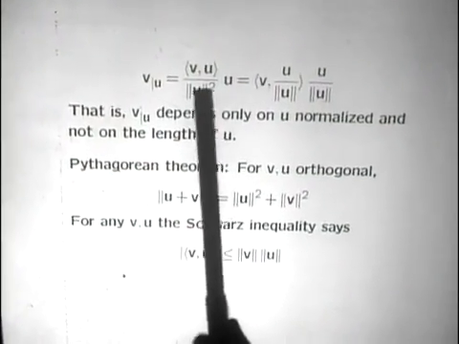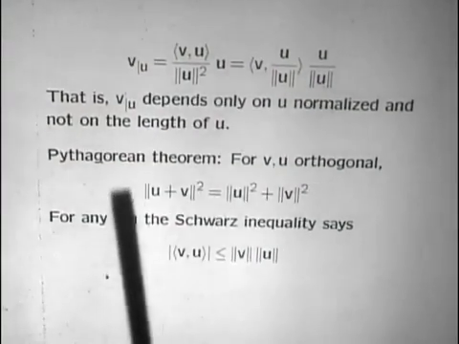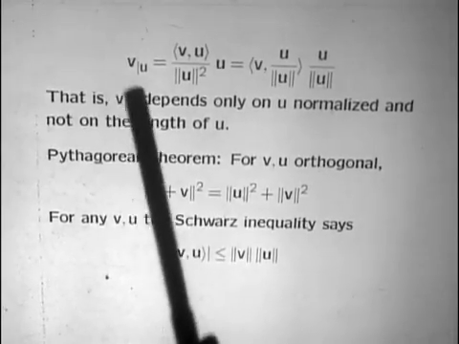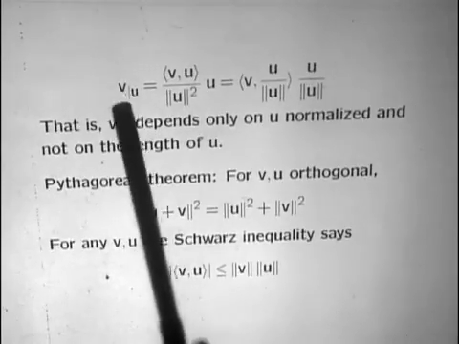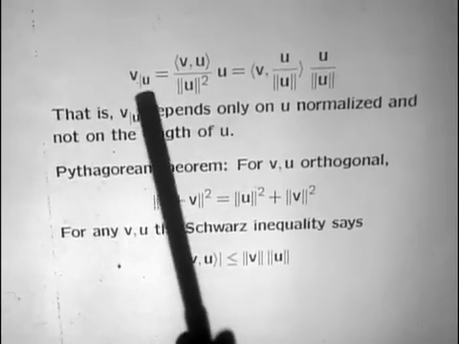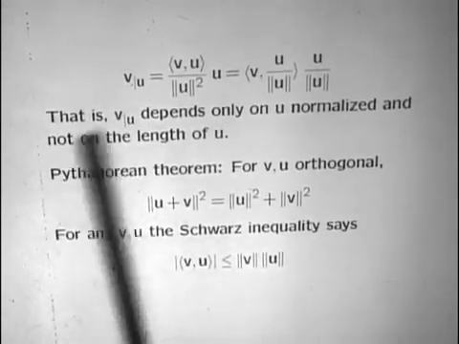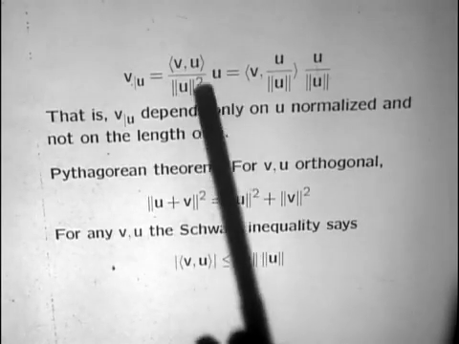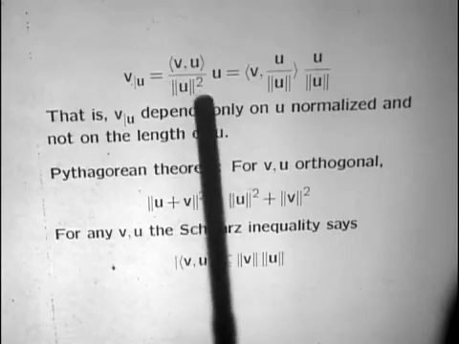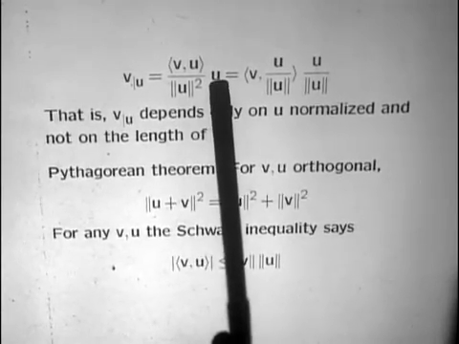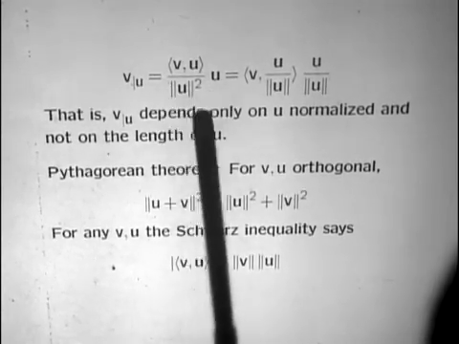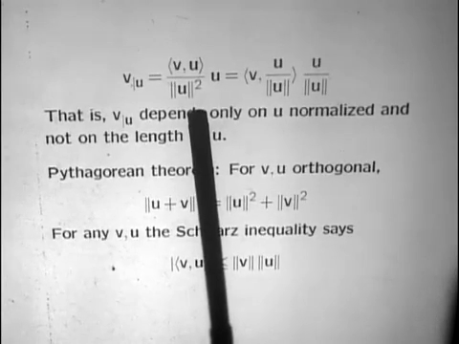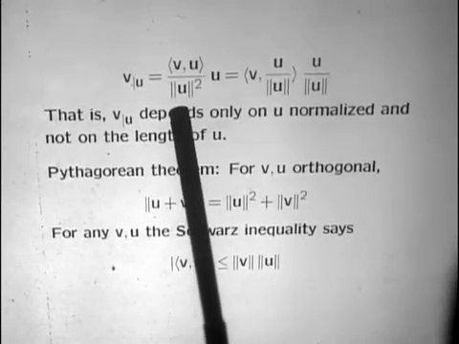Now, what is this norm squared doing here? The thing we have just proven is that with any two vectors, V and U, the projection of V on U, namely that vector which has the property that V minus the projection is perpendicular to U, is this inner product divided by the norm squared times U. Now let me break up this norm squared, which is just a positive real number, into the length times the length.